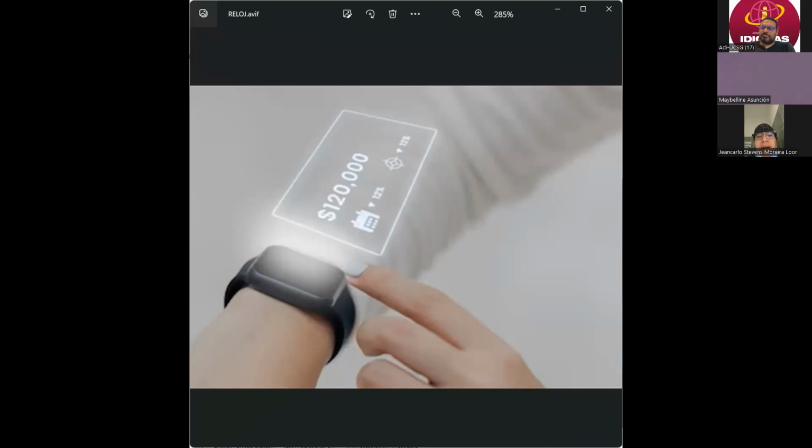The watch counts your steps, pulse, and heartbeat, and gives you rewards for achieving your goal in a special application. Our slogan is the future is today, the future is with you.